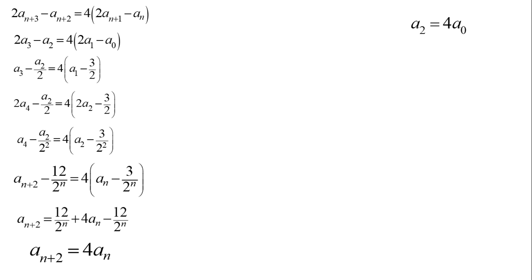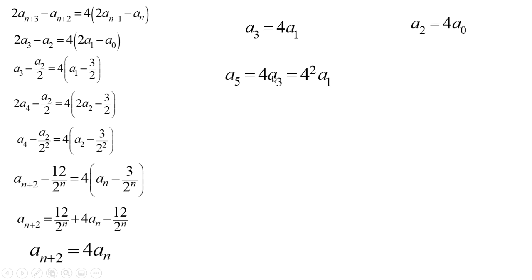So when we start with n equals 0, a2 equals 4a0, and all the even terms will be in terms of a0. And similarly, when we substitute with n equals 1, a3 equals 4a1, and all odd terms will be in terms of a1. So when we continue the odd terms, a5 will equal 4a3.